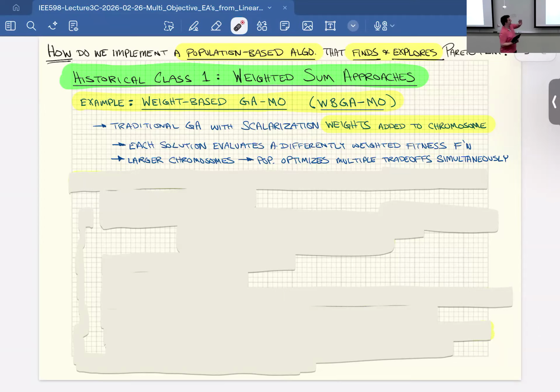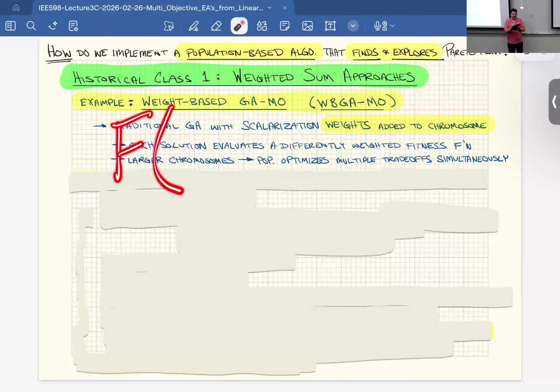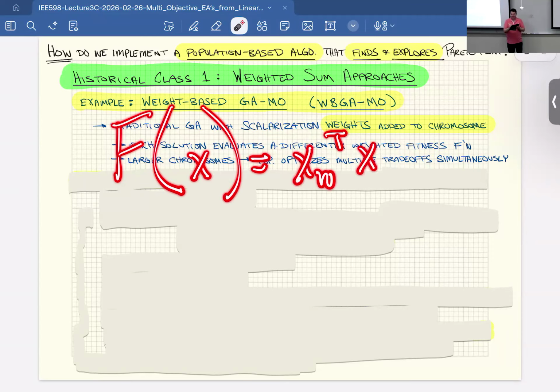You have to know to calculate fitness using that individual's weights, which can just be a part of the way you calculate your fitness function. I mean, your fitness function for individual X just has to be X's weights times X's decision variables.